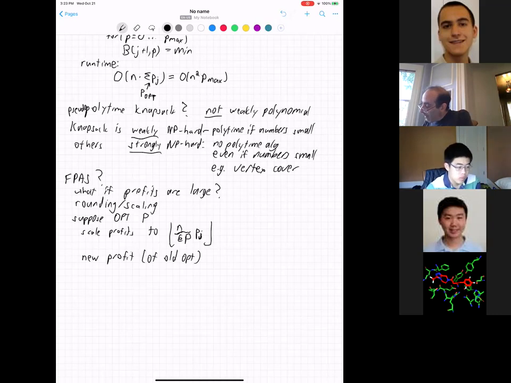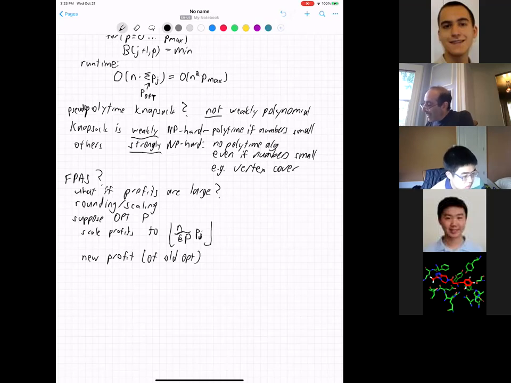Floor of n over epsilon. Yeah, it's going to be about n over epsilon, right? Because roughly speaking, we're going to take the sum over the optimum of these quantities n over epsilon p times pj.